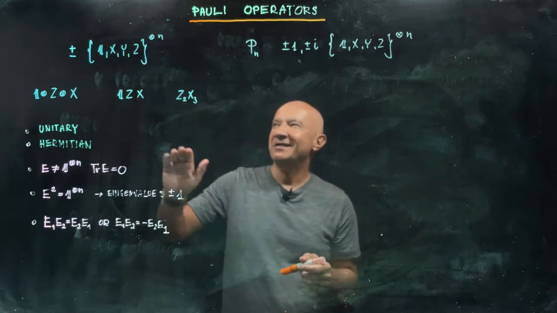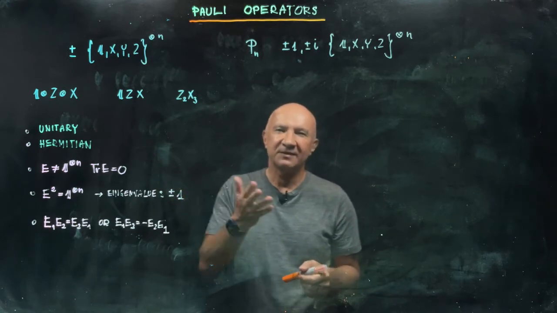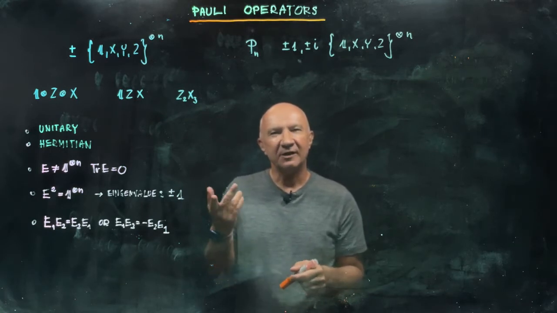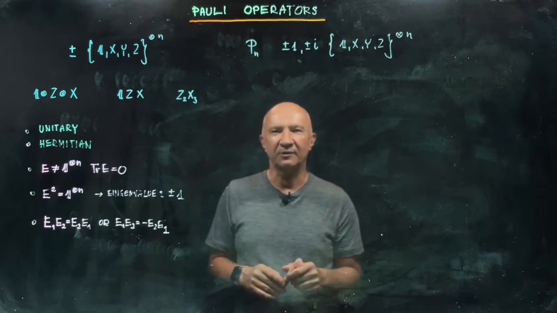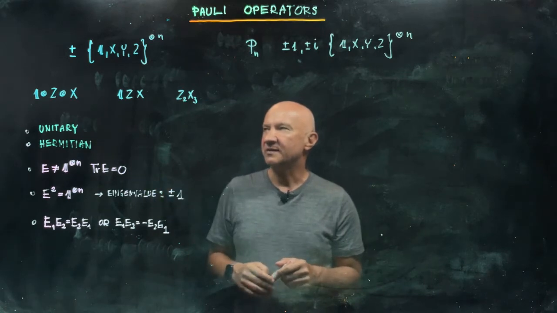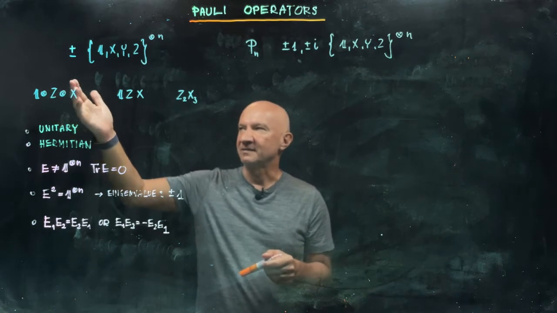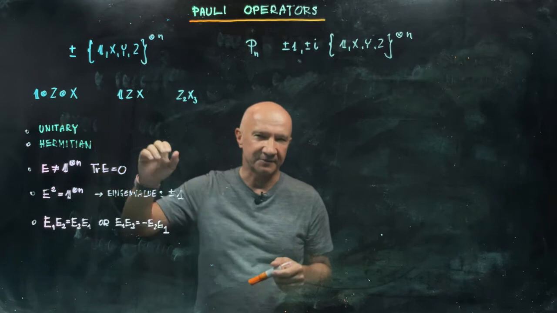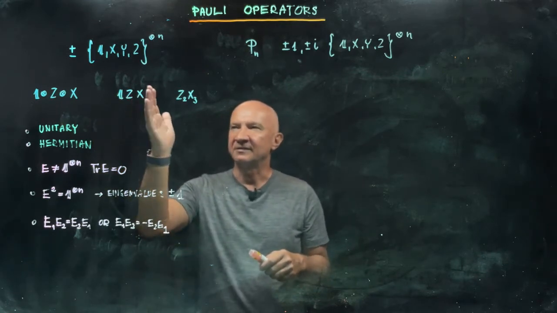Anyways, so when I say a Pauli operator, I mean a tensor product of Pauli matrices, including the identity. So a Pauli operator on n qubits is an n-fold tensor product of Pauli matrices, including the identity. So for example, if I have 3 qubits, here's one Pauli operator: identity, tensor Z, tensor X. Quite often, when it's clear from the context that we are talking about tensor products, you just write it as identity ZX.